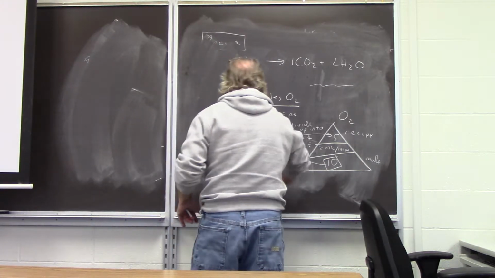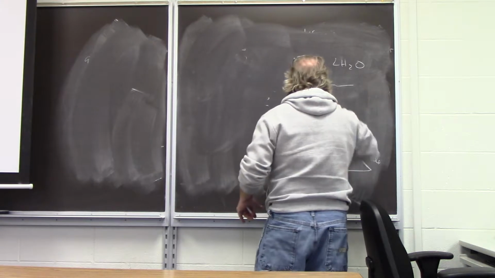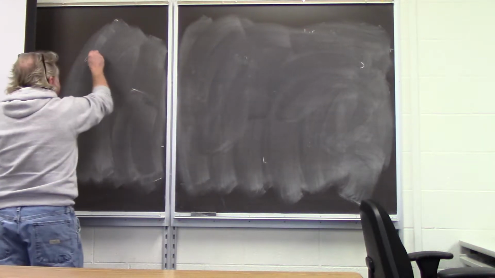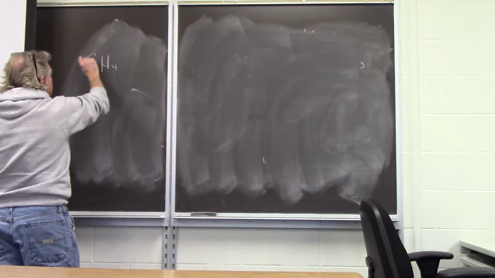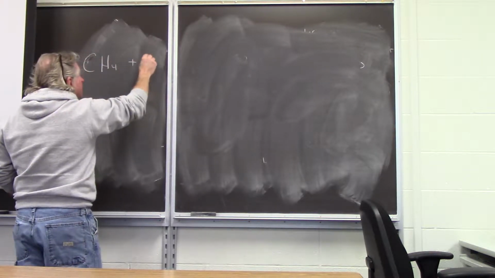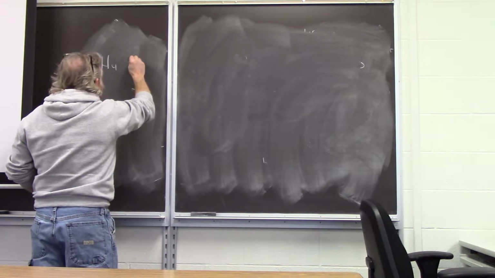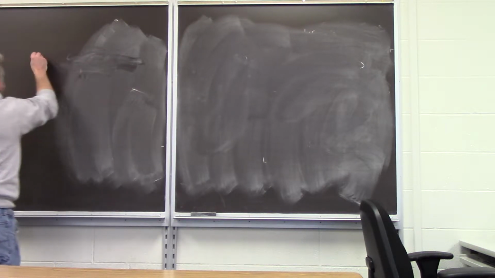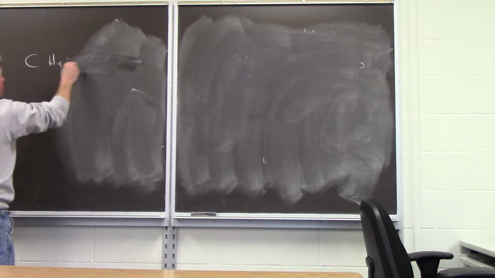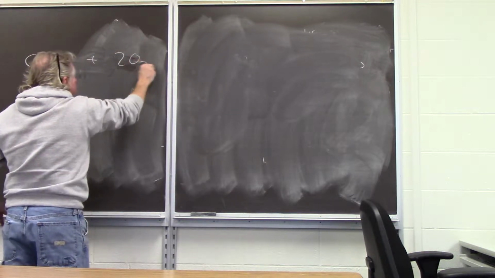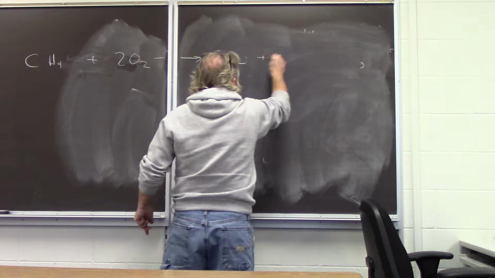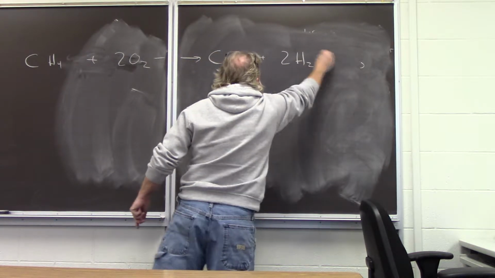So let's write it all out. CH4 plus 2O2 yields CO2, one of them, and then 2H2O.